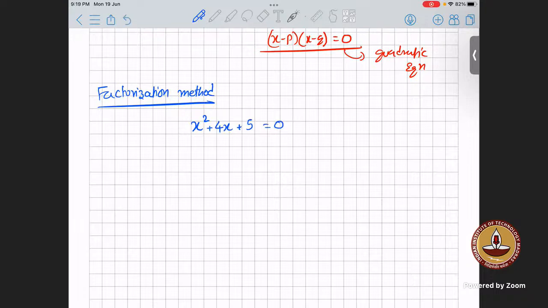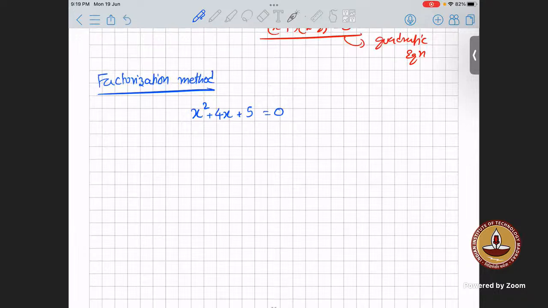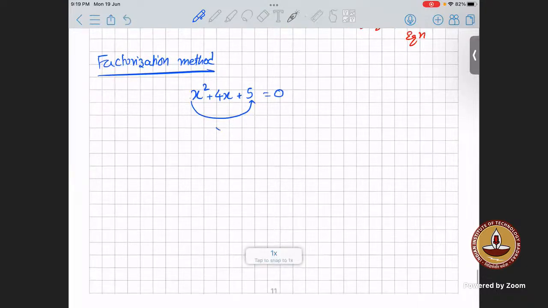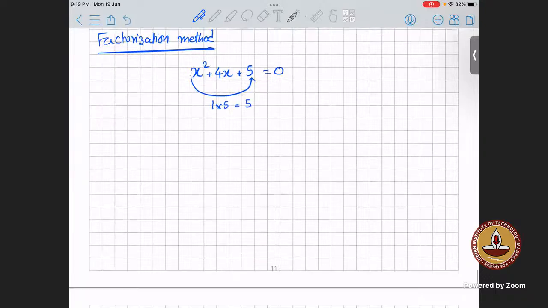How will you approach this? Look, multiply these two, first and last, I mean the x square coefficient and the constant: 1 into 5 equal to 5. And the middle term is 4.